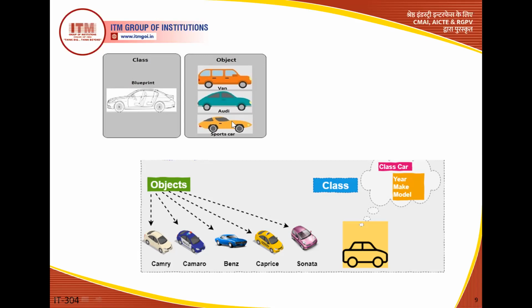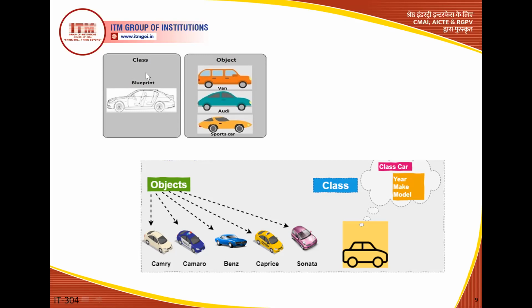So all these cars are different in themselves but share common properties, while possessing different values. This car is orange, this car is green, this car is yellow, but color is the property. So color is the common property which you can keep in this class.